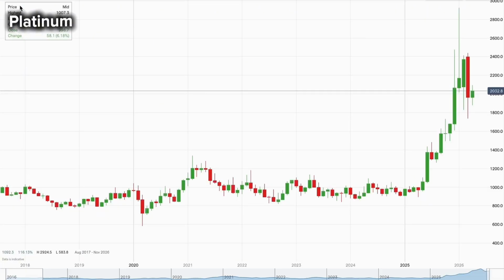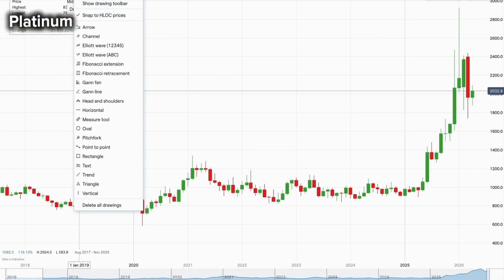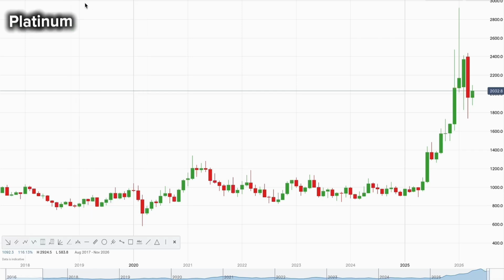So let's begin. Here's the monthly view of platinum. So let's get some drawing tools out and let's put the first line in, and then we can take it from there.